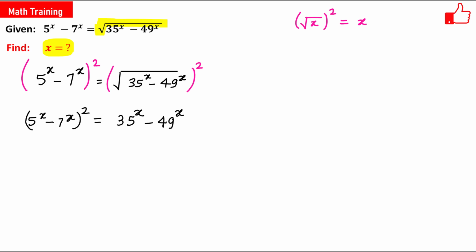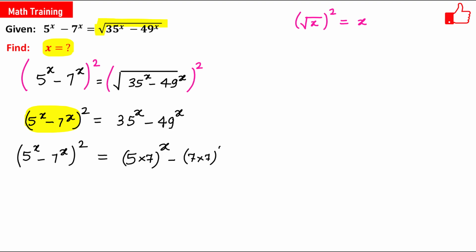Now you may think of expanding the square, because this is nothing but a minus b whole square, but a better idea is to first simplify the right hand side. On the right hand side we have 35, which can be written as 5 into 7 raised to the power x, and 49 can be written as 7 into 7 raised to the power x.